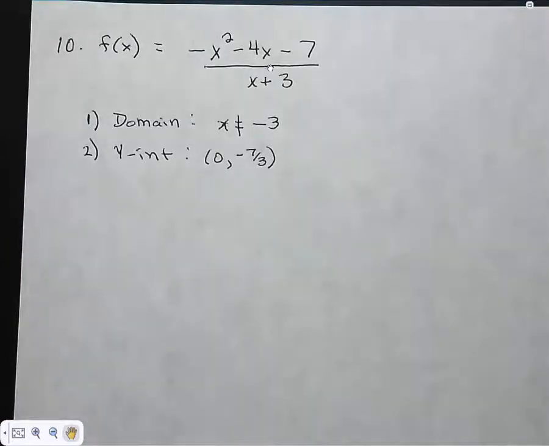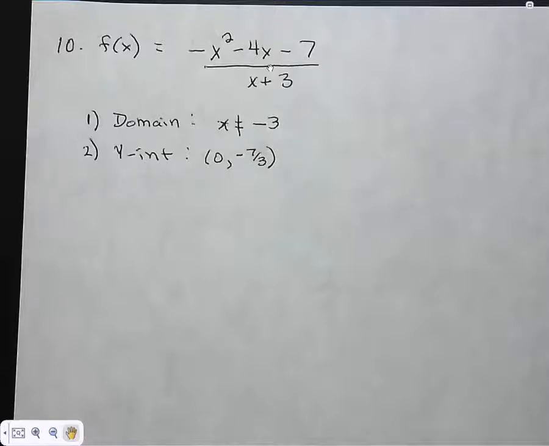Without writing down the quadratic formula, tell me what goes under the radical. B squared minus 4AC. Can you tell me whether B squared minus 4AC would be positive or negative? B squared would be 16 minus, what would 4AC be? 28, and 16 minus 28 is negative.